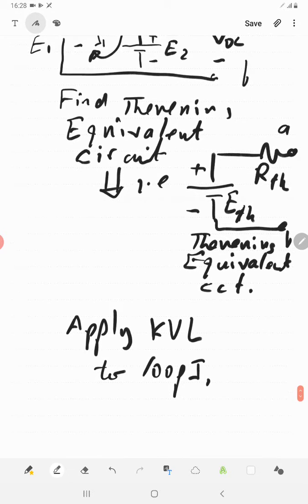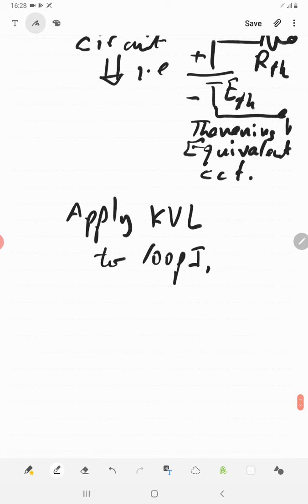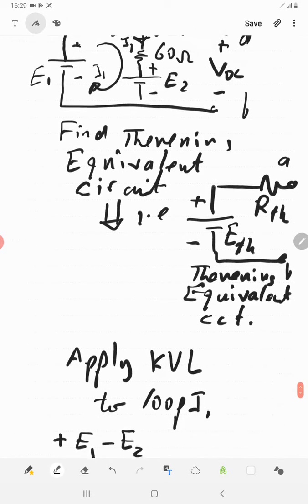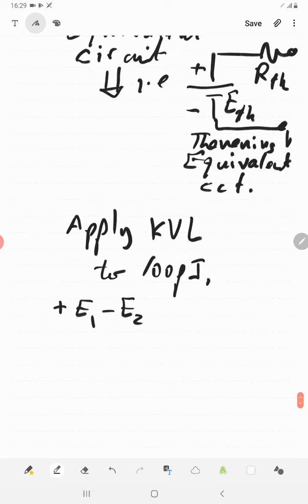So, applying KVL, we say plus E1 minus E2. Why plus E1? Plus E1 because it's in the same loop direction. Minus E2 because E2 is in the opposite direction. Then minus V30 ohms minus V60 ohms equals 0.